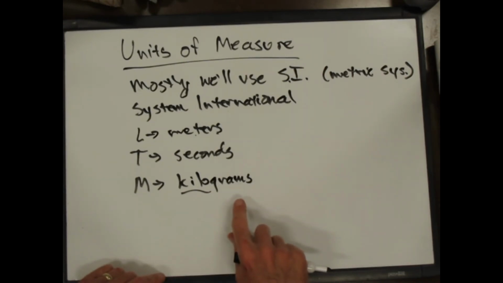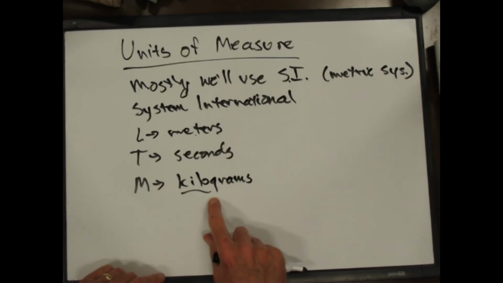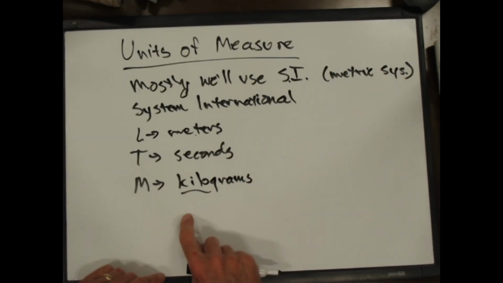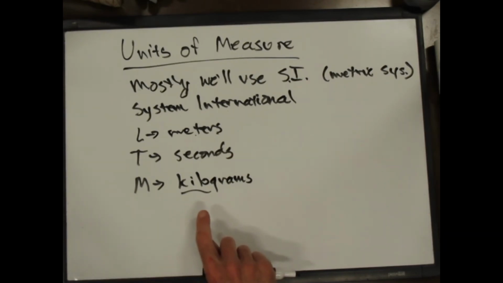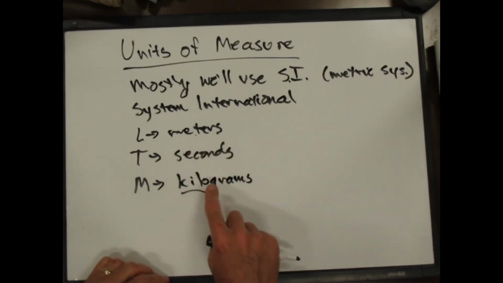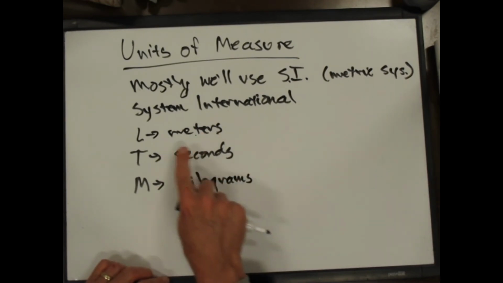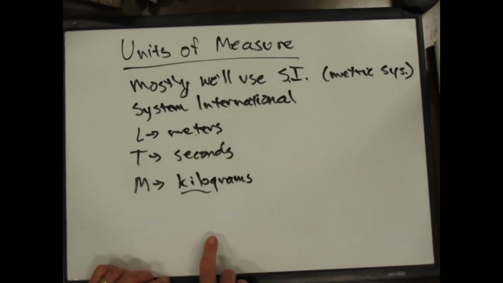If you go the other way, a microgram is a millionth of a gram. A nanogram is a billionth of a gram, and a picogram is a trillionth of a gram. So you can go in either direction. You should know the prefixes, but the metric system makes it easy because you can stick the prefixes on anything, and they mean the same thing.